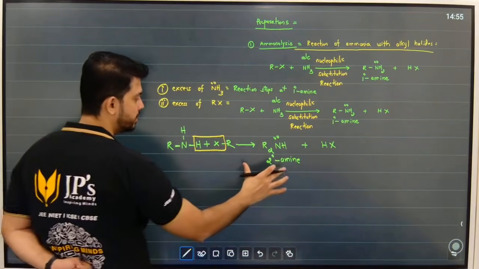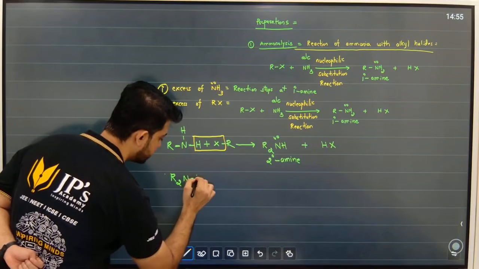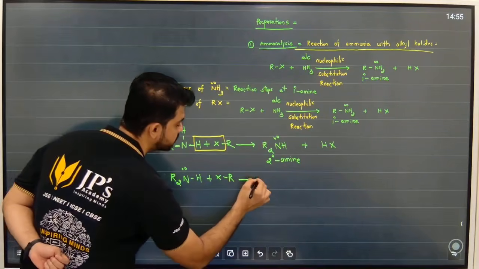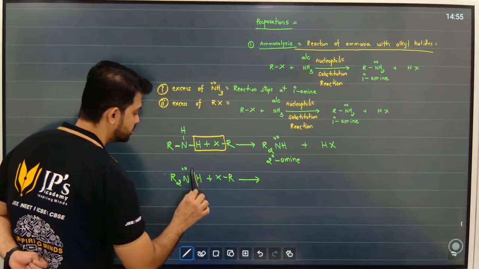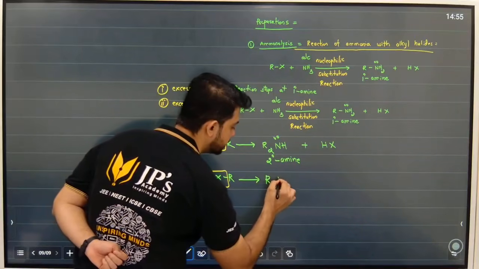But it won't stop here. Secondary amine again reacts with more alkyl halide, because students, alkyl halide is in excess, so this further reacts and we get tertiary amine.